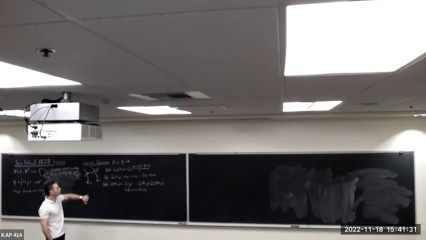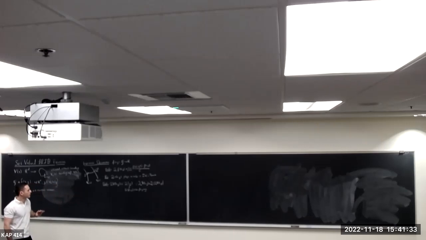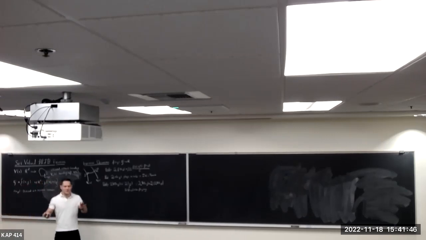No. The y is this variable on the boundary, so it's always associated to the x uniquely. Right? Yes, there's no problem. So now, if there are no questions, let me move on to the motivation a little bit.